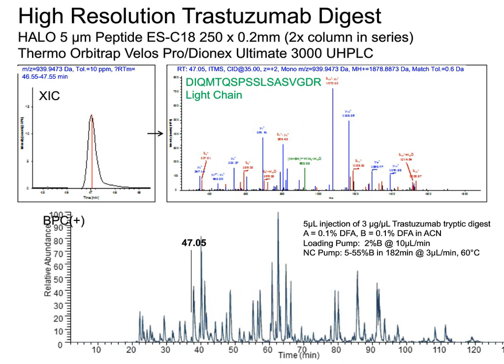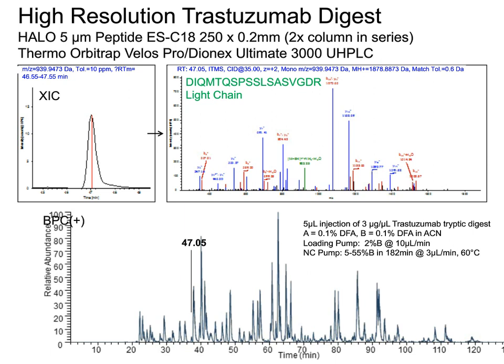In this case, the same kind of digest, that is of trastuzumab tryptic digest, but in this case using a very long column of 5-micron particle size Halo Peptide ES-C18. We've put together two 250 millimeter columns for 500 millimeter, 50 centimeter total column length, and this is upstream from the Thermo Velos Pro Orbitrap mass spectrometer. So we're able to fragment the resolved peptides as well.